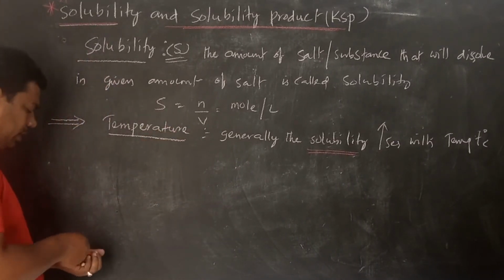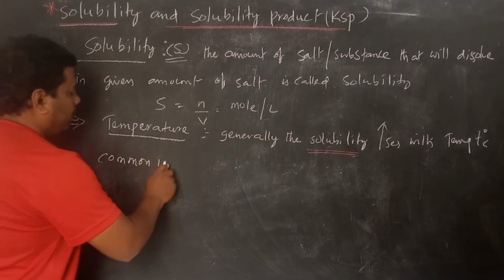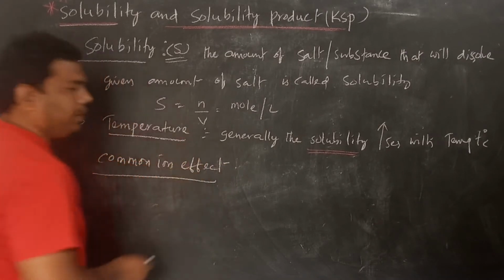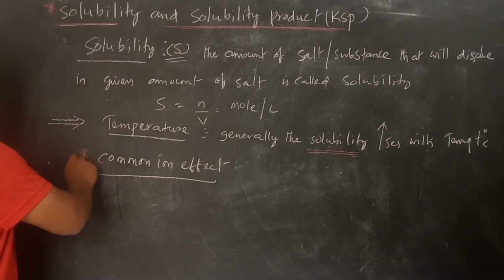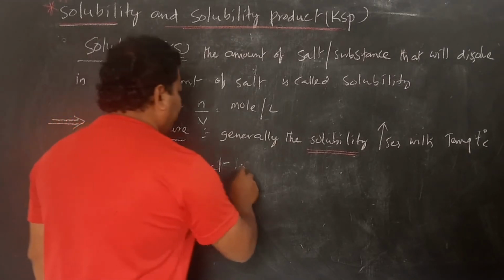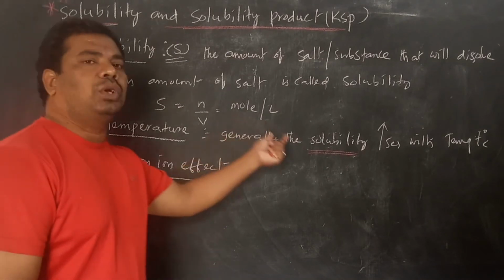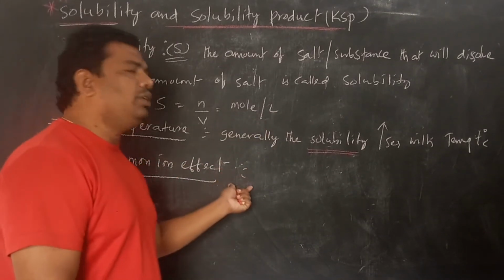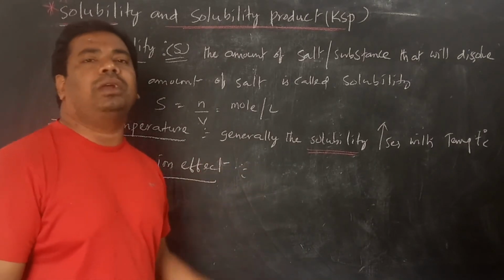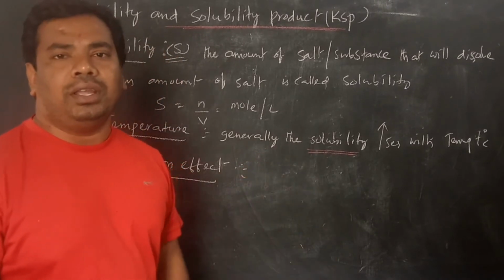The second one is common ion effect. This is very important. Generally, if any common ion is present in solution, it reduces the solubility of a salt. If any common ion is present, it reduces the solubility of a solid.